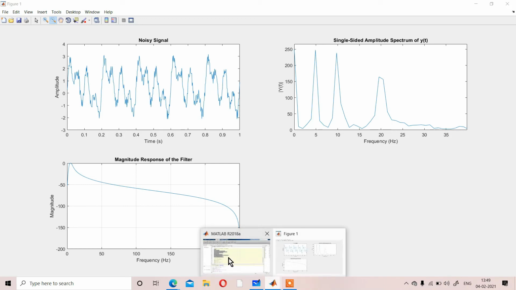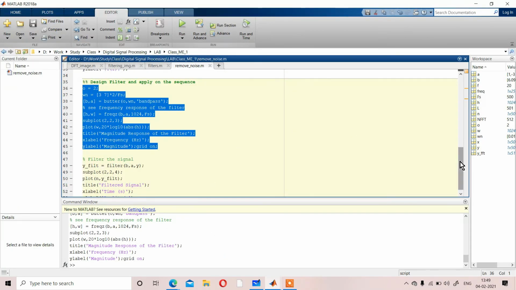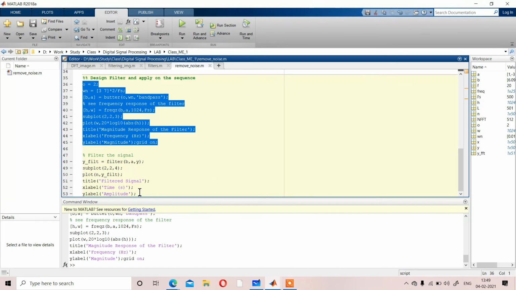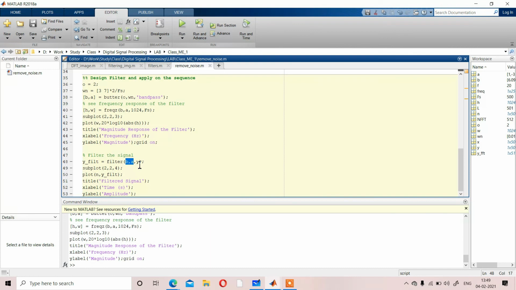So if we do that, filter B, A, Y. B and A are the coefficients, and those coefficients are used to filter Y. Y is your input noisy sequence.